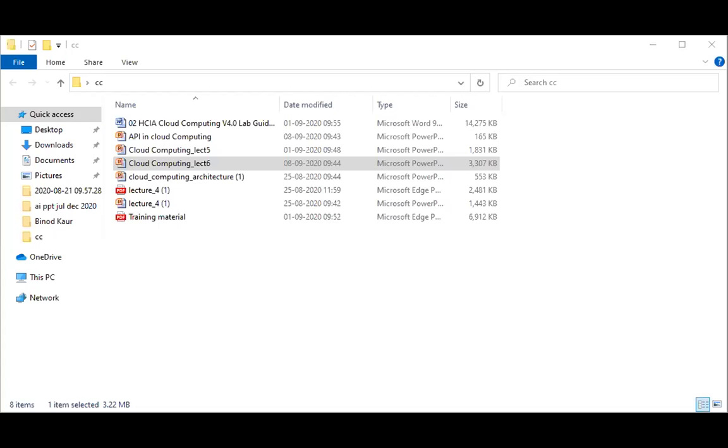Apart from this slide, we'll talk about other things if there is time left. We have prepared for 2 hours, and we'll start with multi-tenancy.